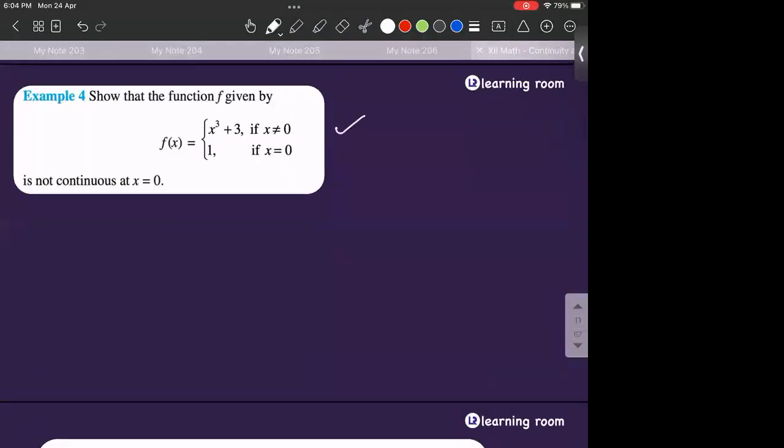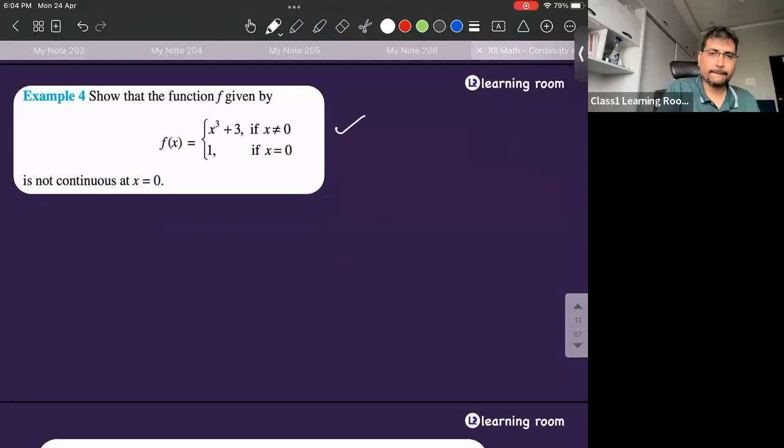So using the same logic, solve this problem. I'll give you 2 minutes. Solve and let me know.